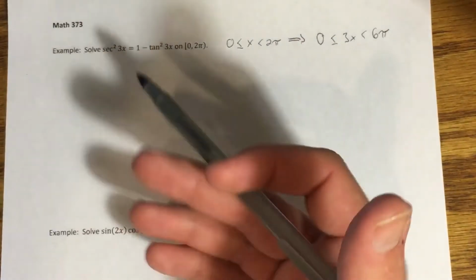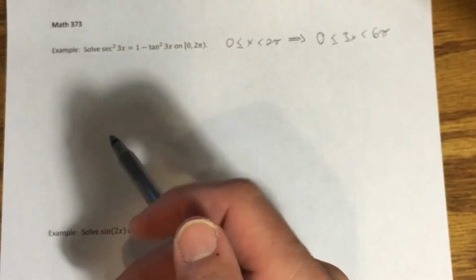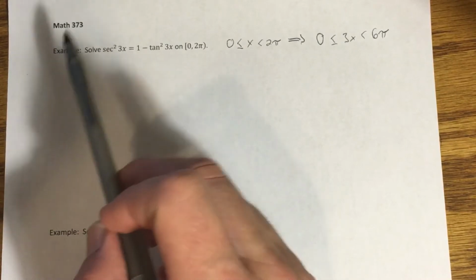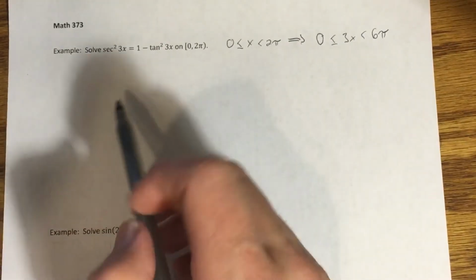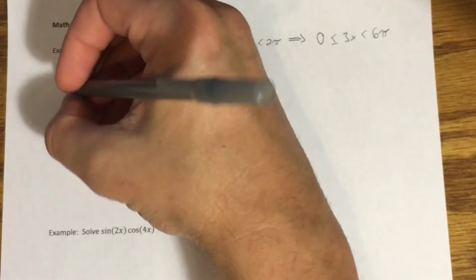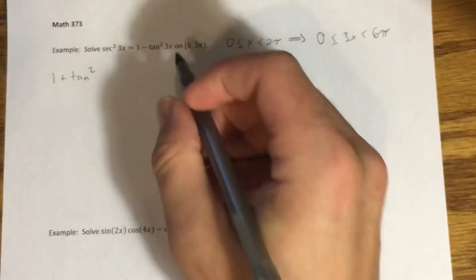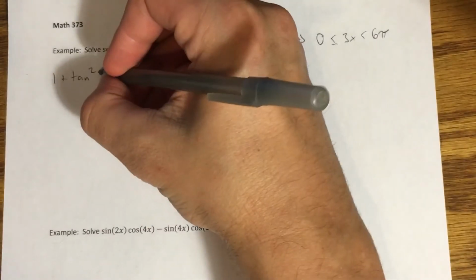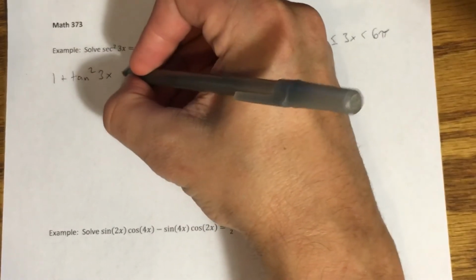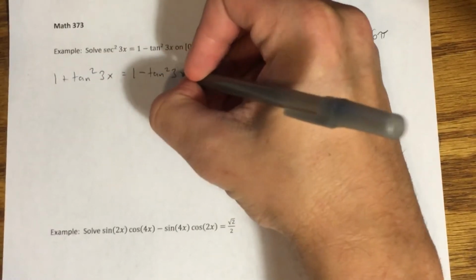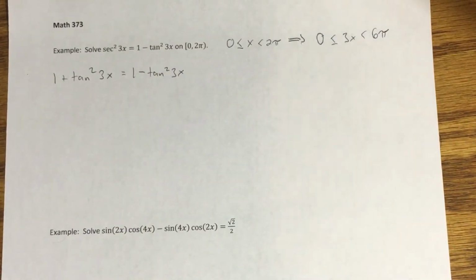But there's a couple other versions of that we derived in chapter 7, one of which said that secant squared of x is equal to 1 plus tangent squared of x. So if I were to rewrite this, I would need to write 1 plus tangent squared, and because my angle was 3x, I'd have to use the same angle here, 3x, equals 1 minus tangent squared of 3x. Cool.